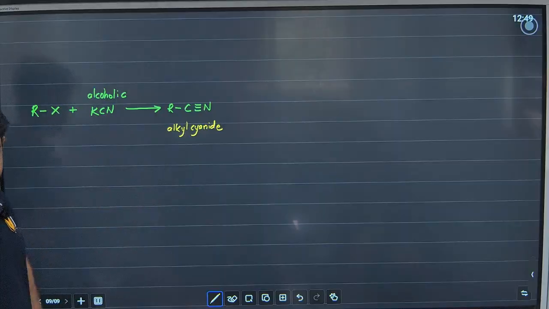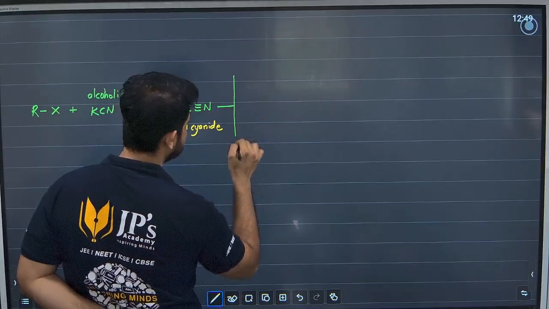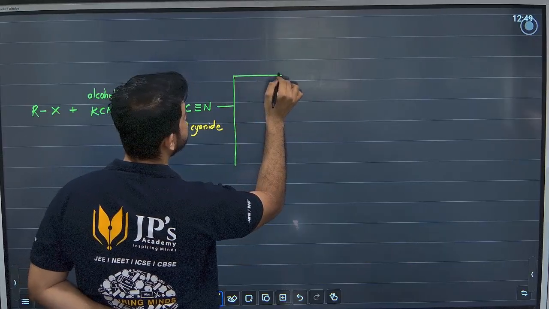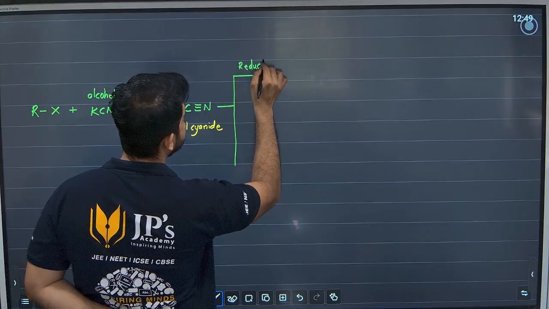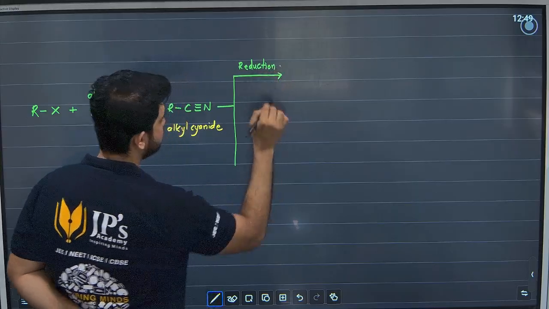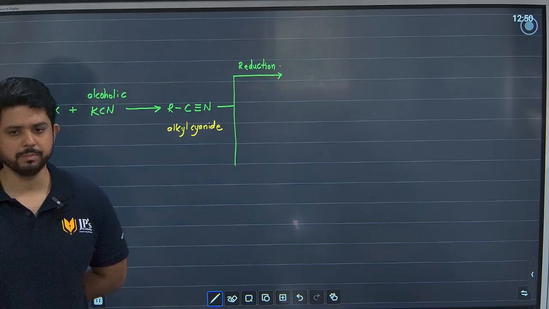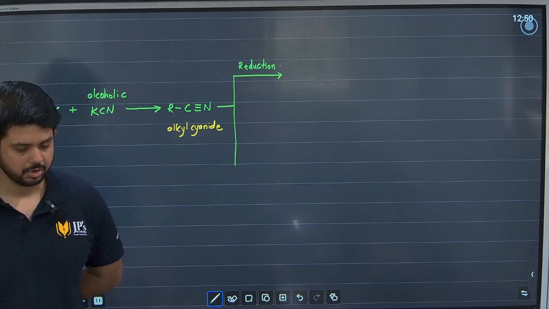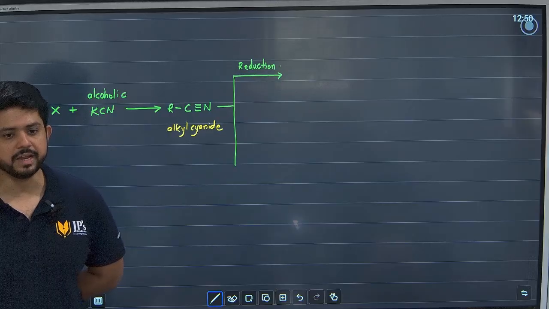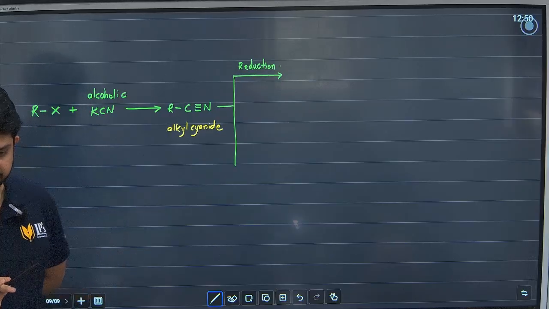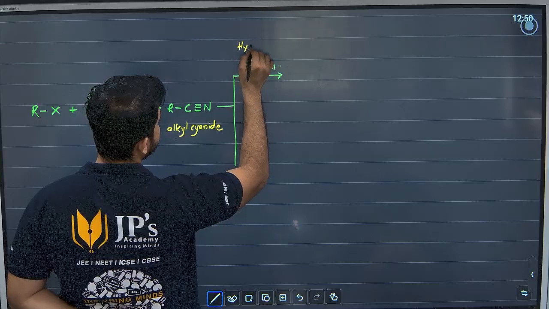Now you take this cyanide and you perform reduction, sodium plus ethanol or LiAlH4. You use any reducing agent. I am saying reduction, that is what we are performing.